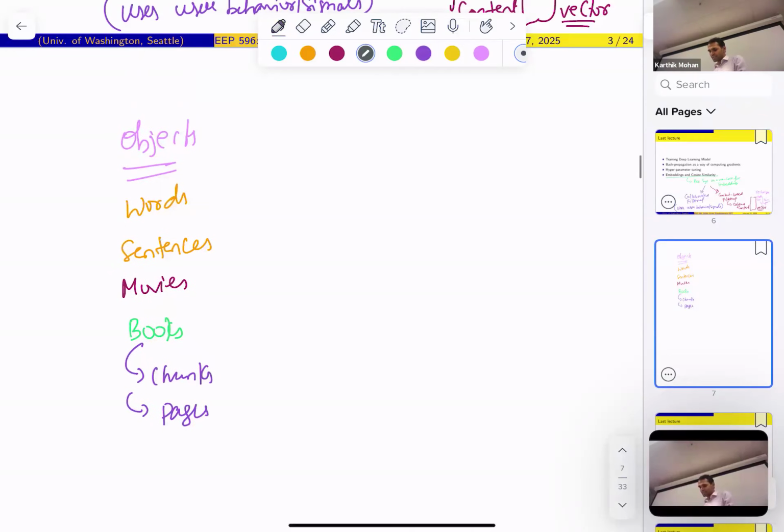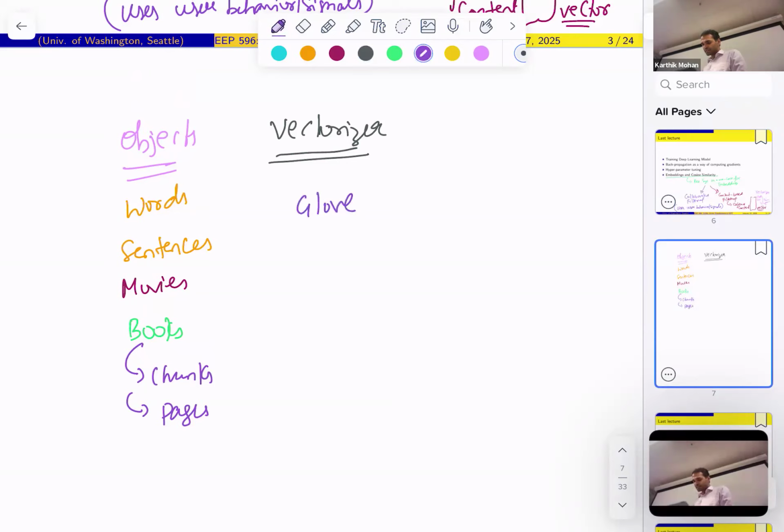Then you have a vectorizer. So the vectorizer takes these objects and then maps them into vectors, right? So you could have a GloVe vectorizer. You could have OpenAI embedding. You could have other ones.